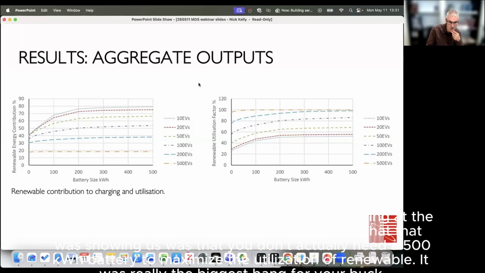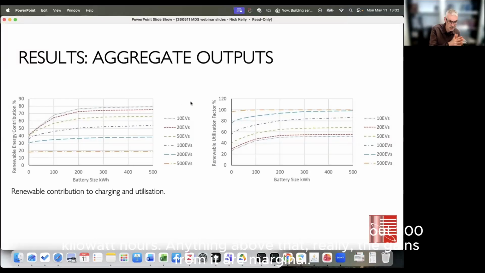And then the x-axis there is just looking at the impact of different battery sizes. And really what that was showing us was that you don't actually need a 500 kilowatt hour battery to maximise the utilisation of renewables. Really the biggest bang for your buck comes at a battery size beyond about 200 kilowatt hours. Anything above that, really the gains from it are marginal.